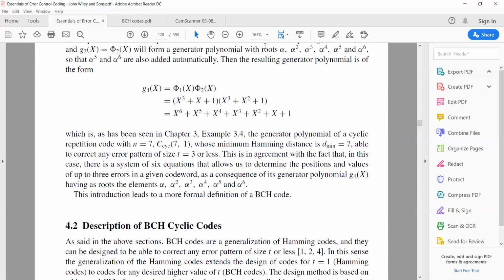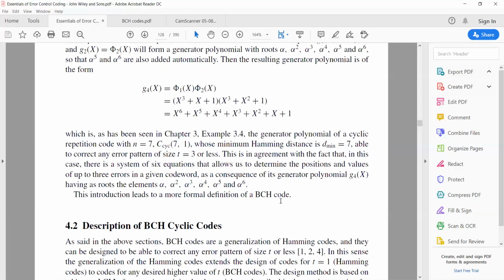So now we have already understood what the minimal polynomial is and the significance of roots for determining and correcting the error, and we have also used the concept of cyclic code syndrome techniques, and we have used the Galois field. So these are all the concepts, and this introduction leads to the more formal definition of the BCH code.